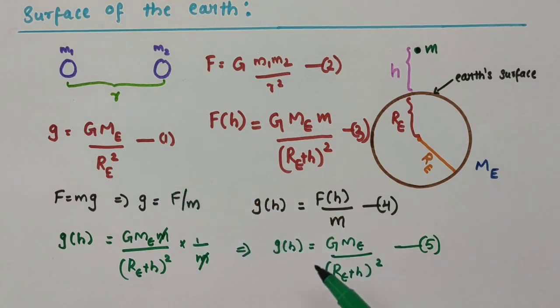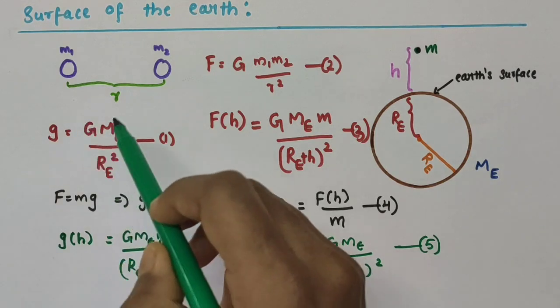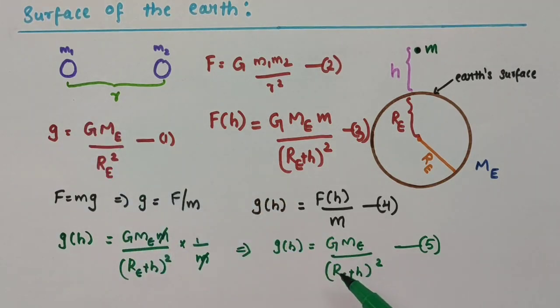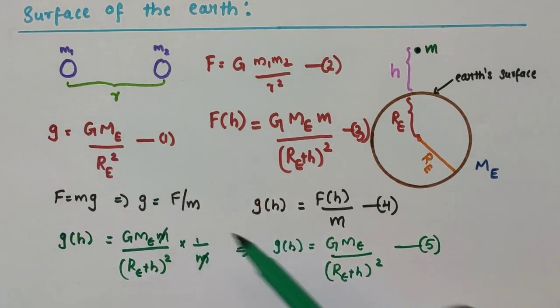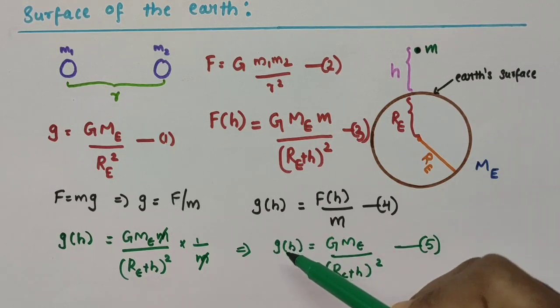So compare these two equations, equation number 1 and equation number 5. Numerators are the same now, G Me. Compare their denominators. Here we have Re square and here we have (Re plus h) the whole square. So here the denominator is more, so g value will be less. When denominator increases, total value decreases.